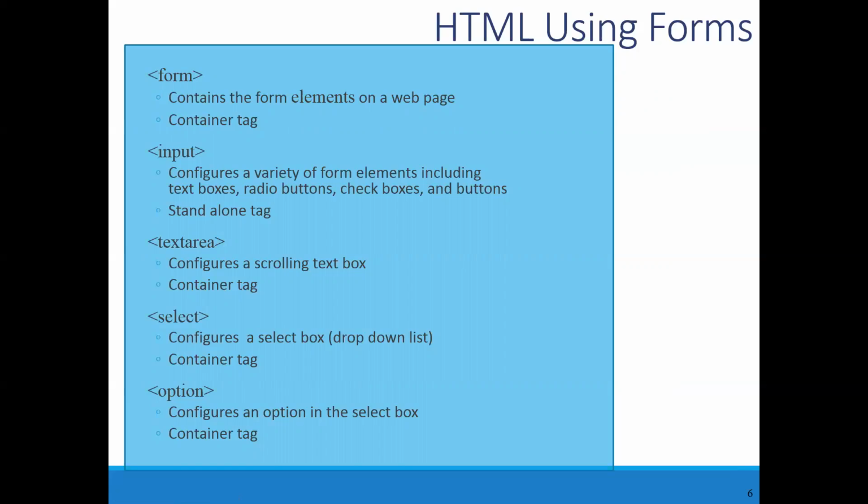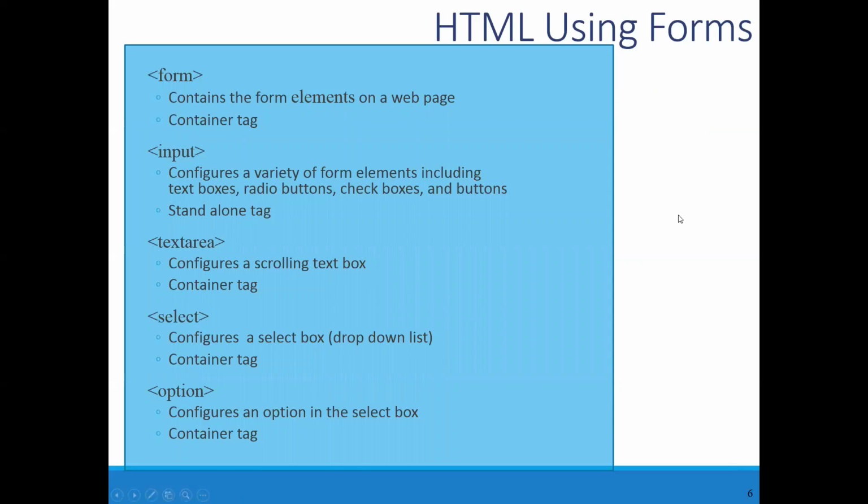A text area is used to set up a scrolling text box where you've got more than one line of text, and that is a container tag, so it has an open and closing tag. The select box will give you a drop-down list, so that's a container tag, and then the options configure the particular choices that you have available to you in the select box.